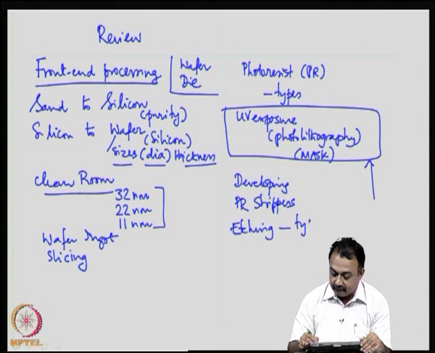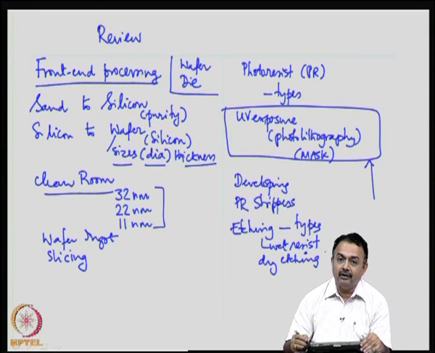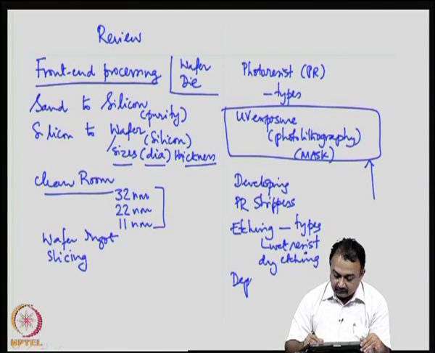We saw different types of etchants. Typically, wet resists are used, but we also briefly saw how dry etching can be employed in the semiconductor manufacturing or even in the board level manufacturing like dry plasma and so on. Then finally, the conductors, the copper conductors or the aluminum conductors, depending upon what material you are using, have to be realized by deposition process.